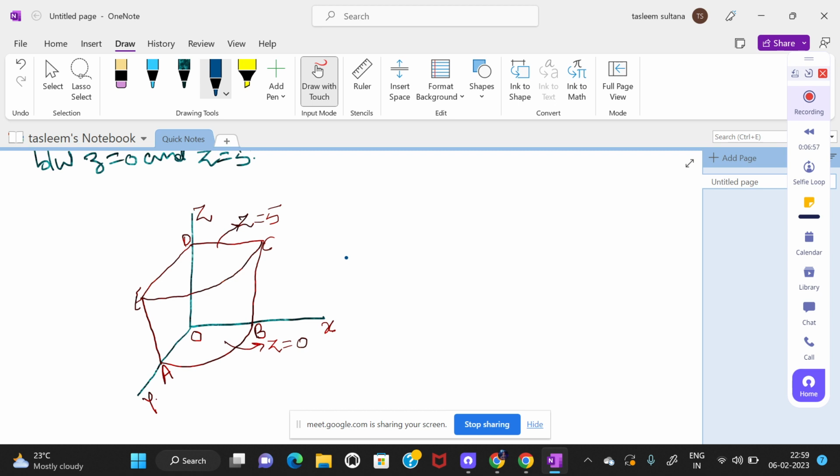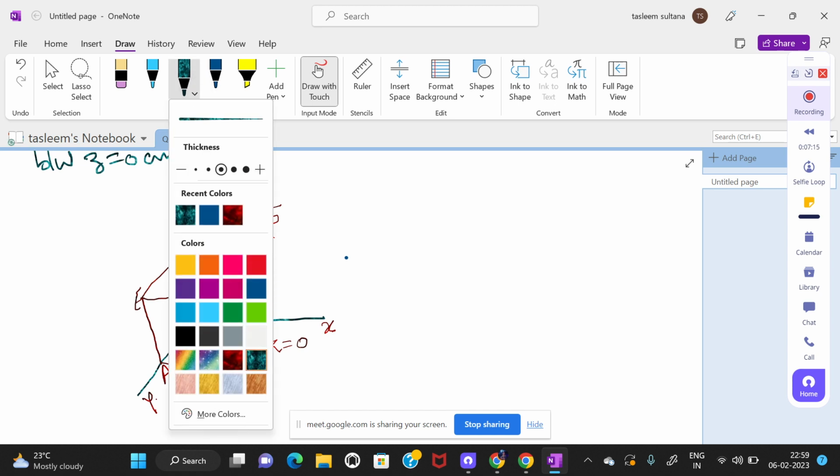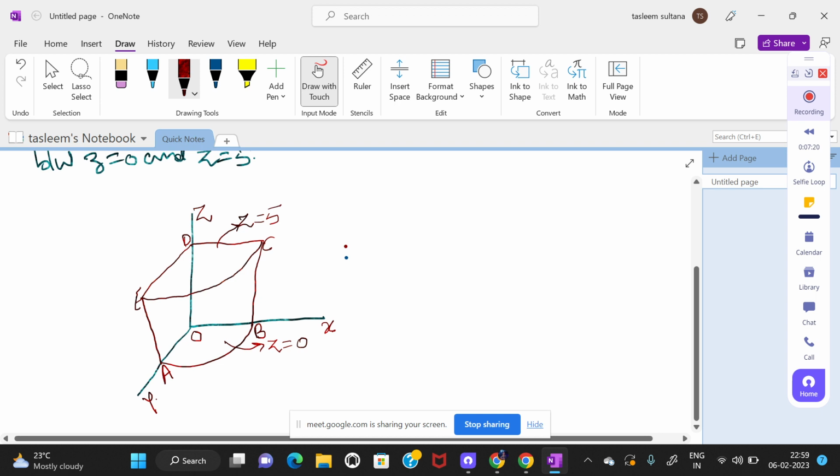When we substitute into the F vector, your z term will become 0. They are asking to find it in that first octant. First octant means you are going to solve for this area.